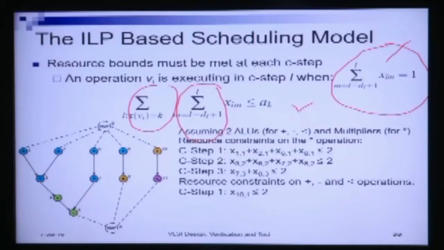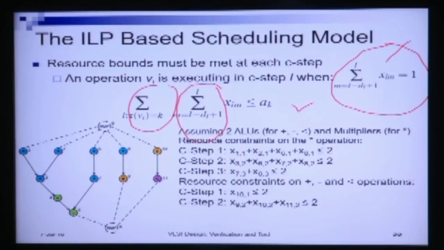Now, we come to the resource constraint on the addition, subtraction and comparison operations that have to be performed using the ALU, the 2 ALUs that we have. So, what do we have? We have a single operation, the 10th operation, that can possibly be scheduled in time step 1 using the ALU resource, and therefore we have the constraint as x10(1) less than equal to 2. In time step 2, what do we have?